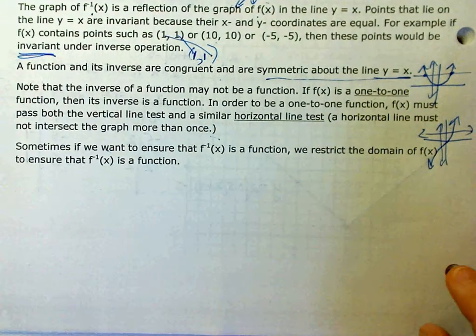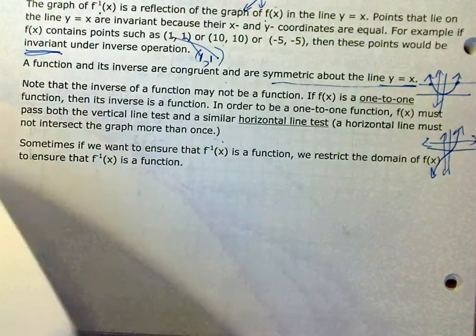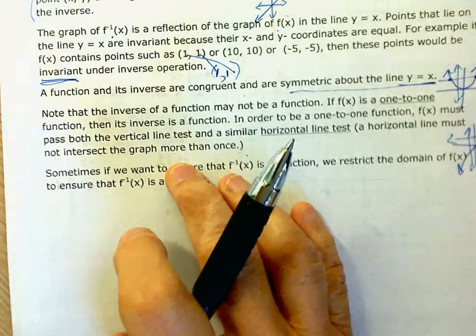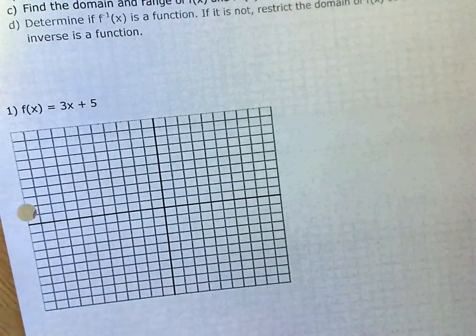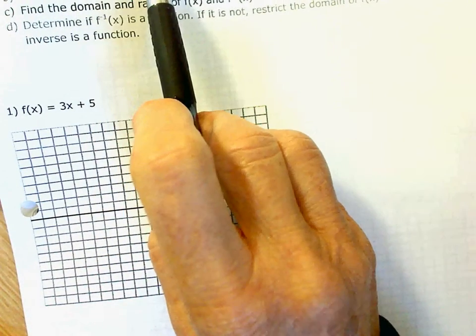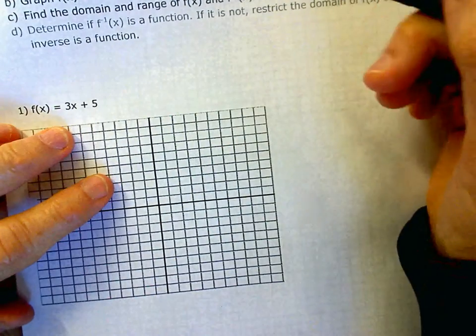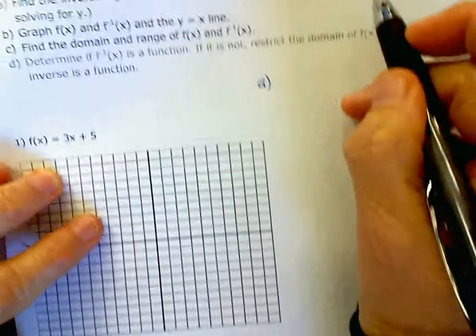So let's start doing some. I think the examples are what we really need to help us understand this. So here's a very simple example of a straight line and its inverse. We want to find the inverse algebraically. The first thing we're going to do is exchange the x and the y.